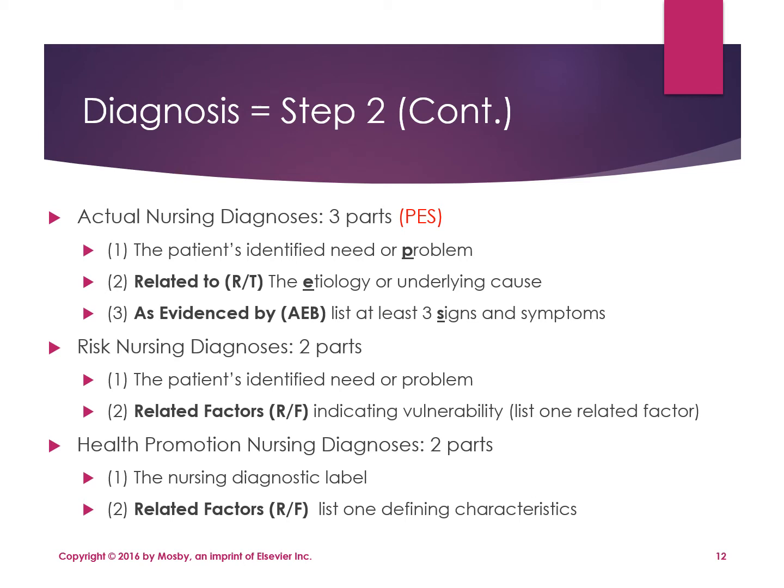Actual nursing diagnoses are written with 3 parts. It'll contain a NANDA approved nursing diagnostic label, as we demonstrated on the previous page. Then you're going to write R/T, or related to, and put the etiology or cause. Remember I told you it cannot be a medical diagnosis, so you need to open your book, your MedSurg book is preferred, and look up the etiology or underlying cause of what is causing this current problem for the patient.